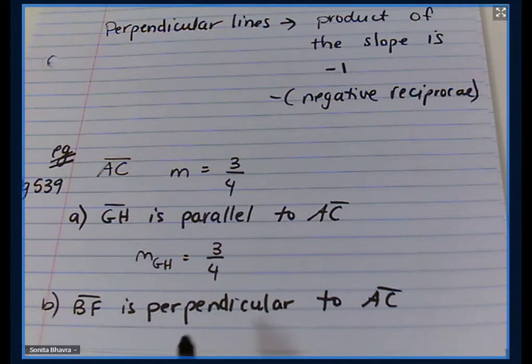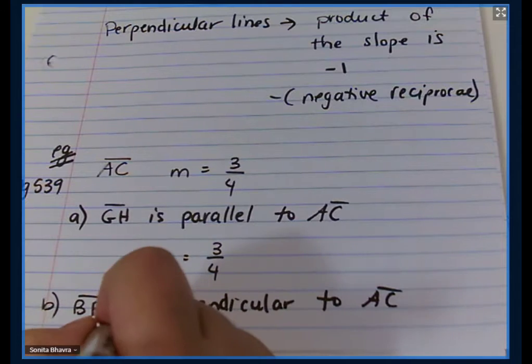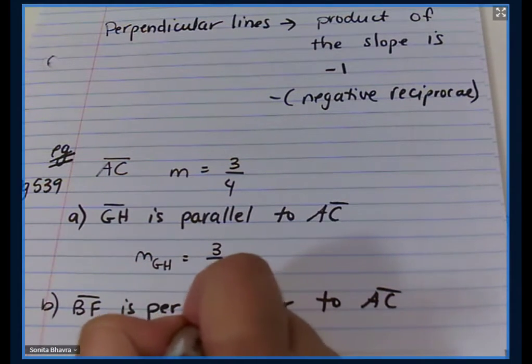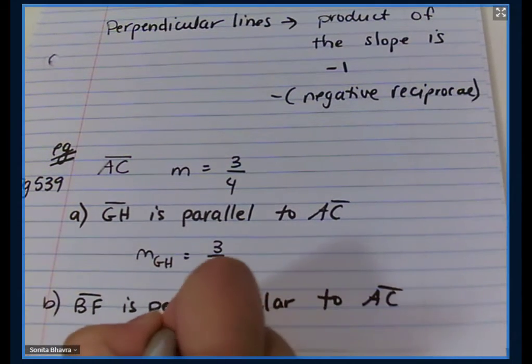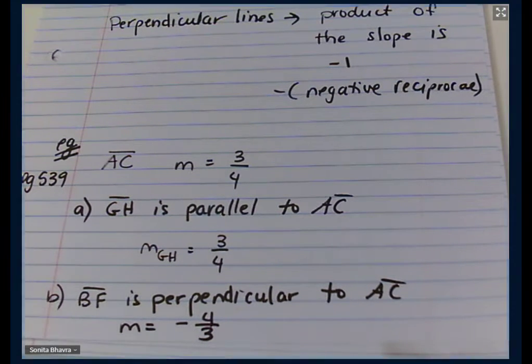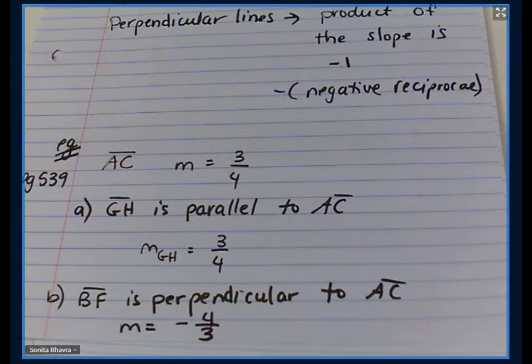To figure out the slope of a line that's perpendicular to AC, we're just going to take the negative reciprocal. So we're going to flip the fraction to 4/3 and make it negative. So the slope of BF therefore is -4/3.